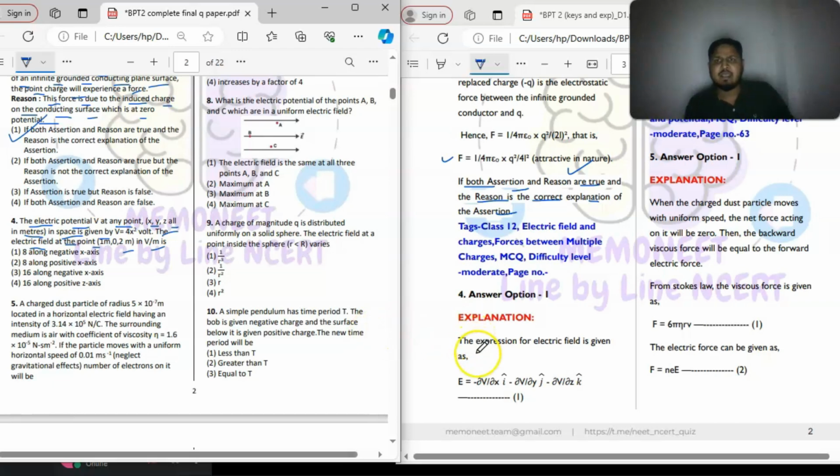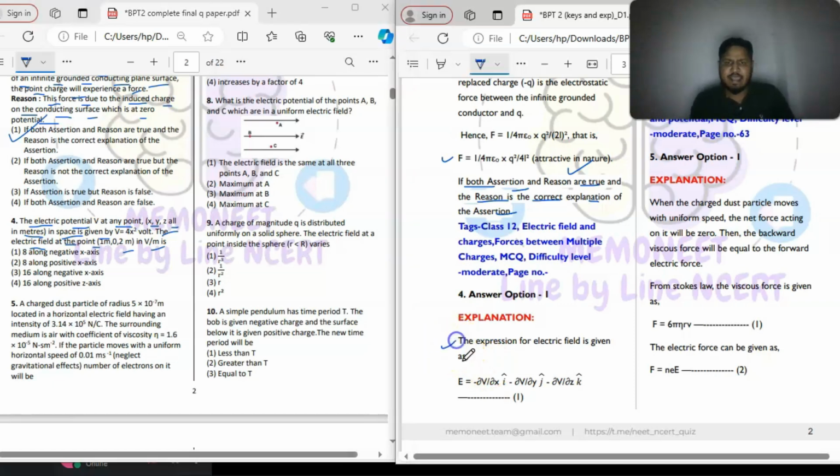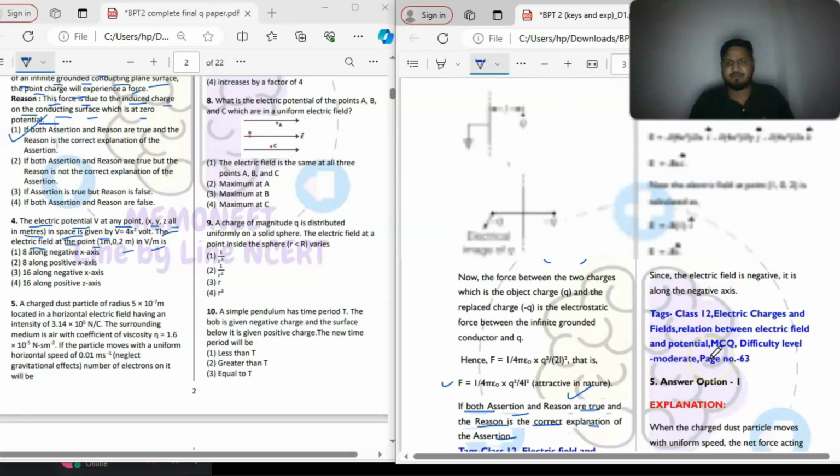So dear students, here the relation between the electric field intensity and the potential concept is to be used, right? So we know the expression for electric field is given by E vector is equal to minus dou V by dou x i cap minus dou V by dou y j cap minus dou V by dou z k cap.